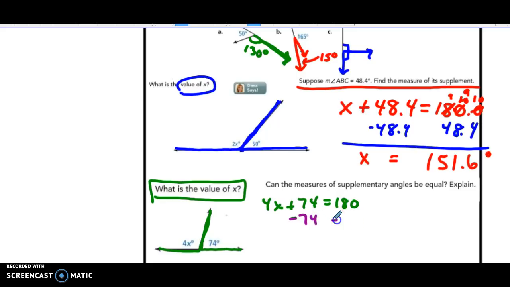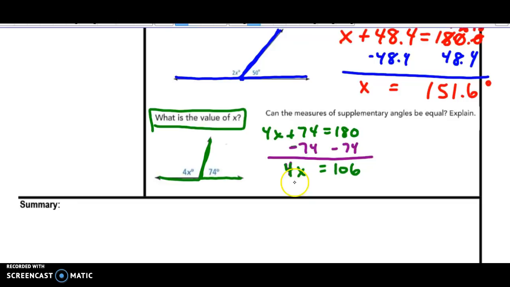Let's change colors so we can see these inverse operations. So all I'm left with over here is 4x, and 180 minus 74 is 106. And now to get x by itself, I will divide by 4. So if I do that to one side, I have to do that to the other.